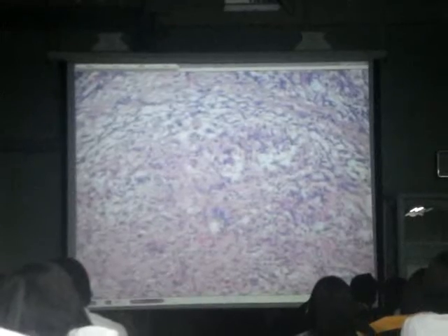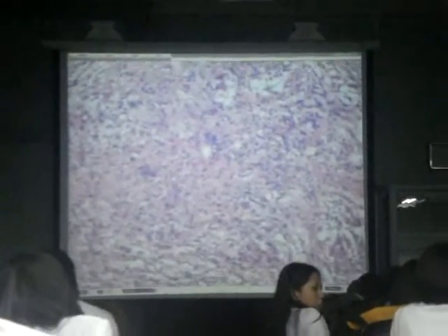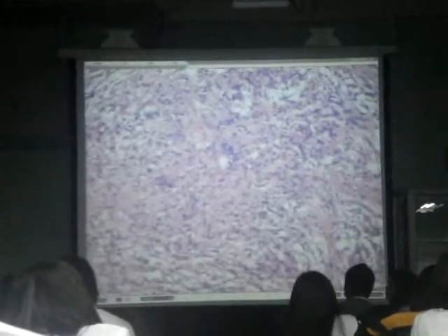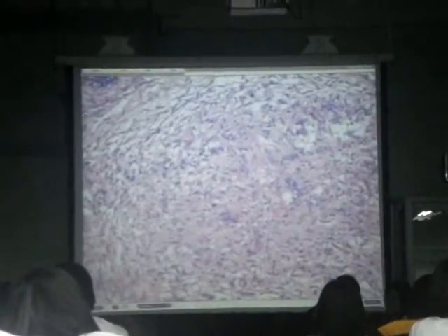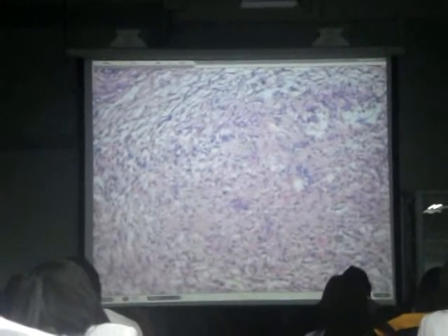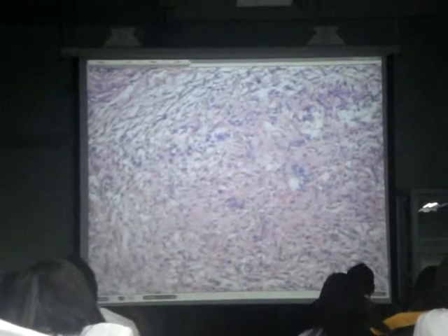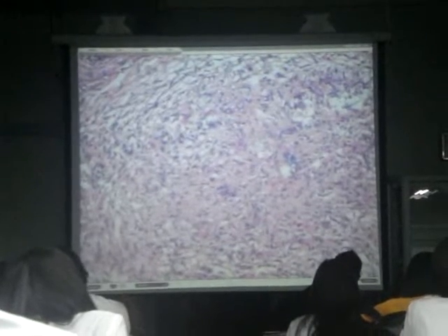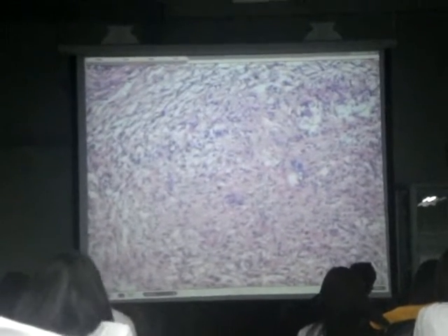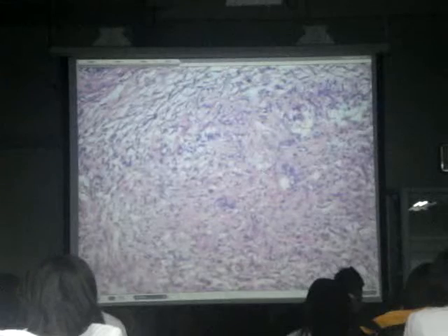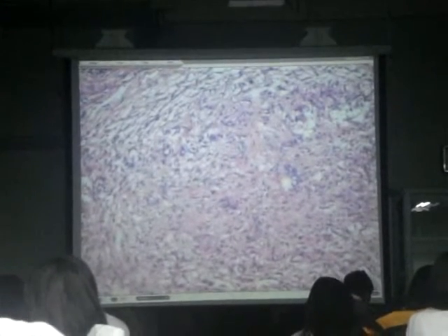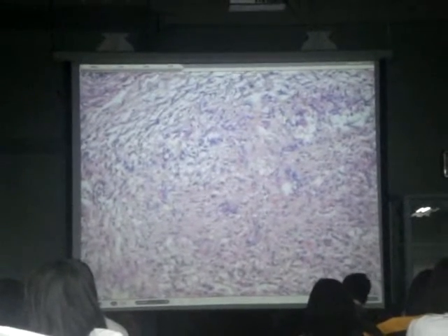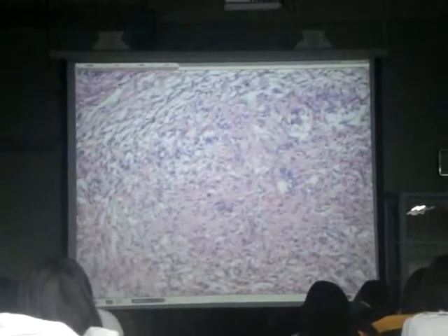Those are quite different from the necrotic debris, which is granular. This has a form. These are epithelioid histiocytes, and that's a multinucleated giant cell on the center there. So this is a granuloma, and that necrotic area bordered by this granuloma is called caseation necrosis.